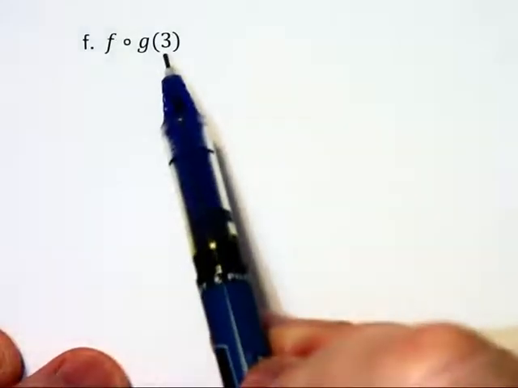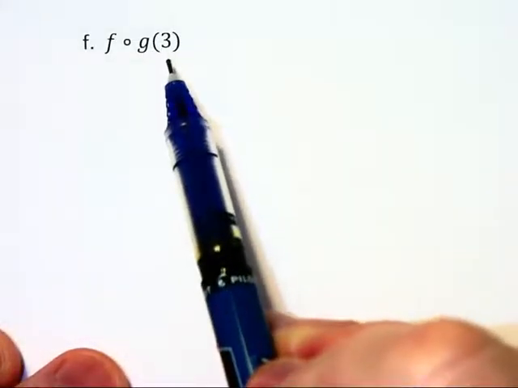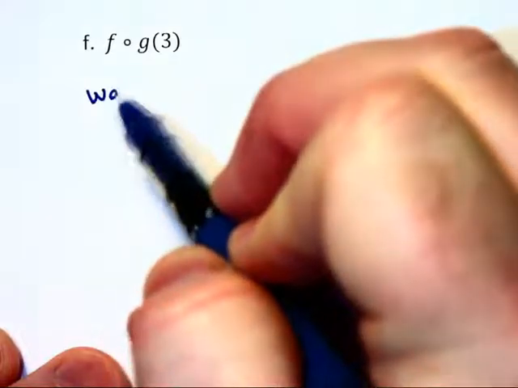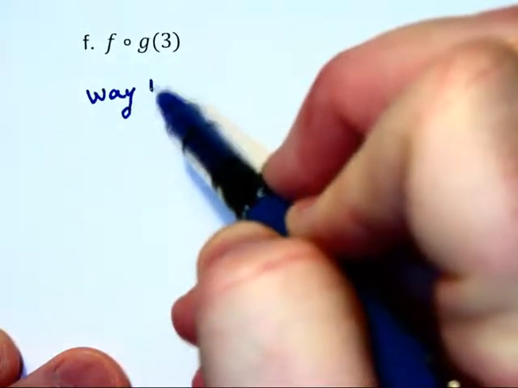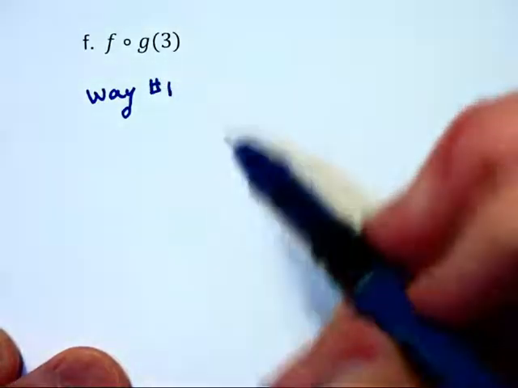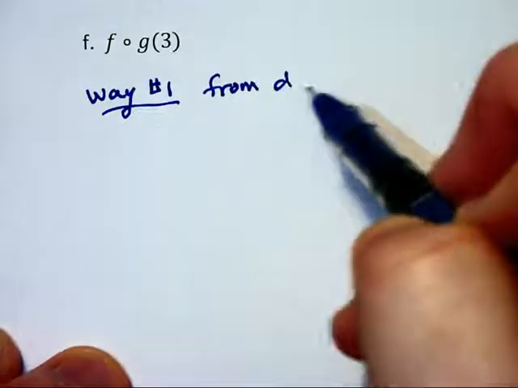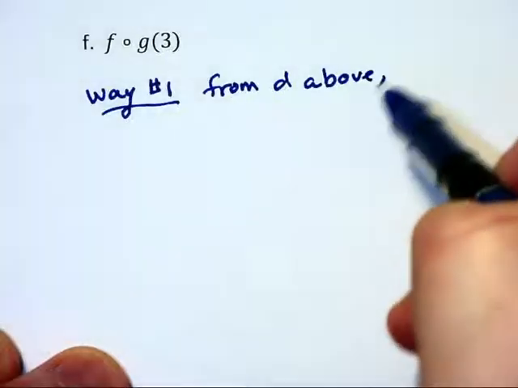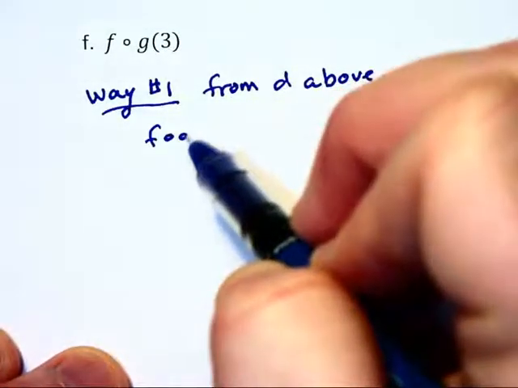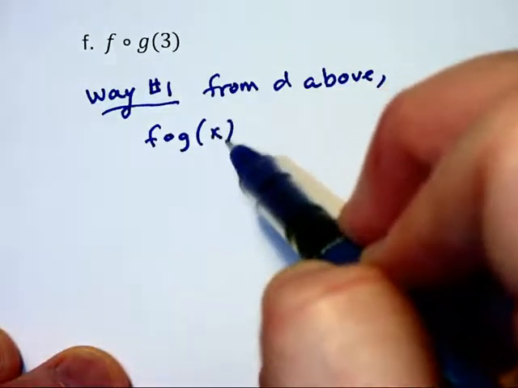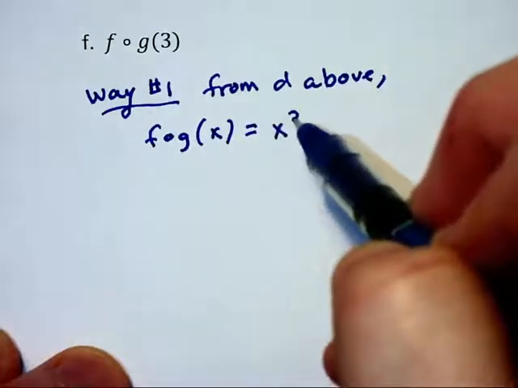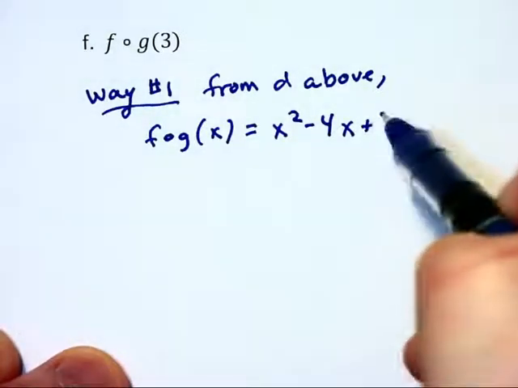Now we have a composite notation which has us evaluate. There are two ways to do this. Let's look at way number 1. If you look at part D above, so I'm going to say from D above, f composite g of x is equal to x squared minus 4x plus 7.